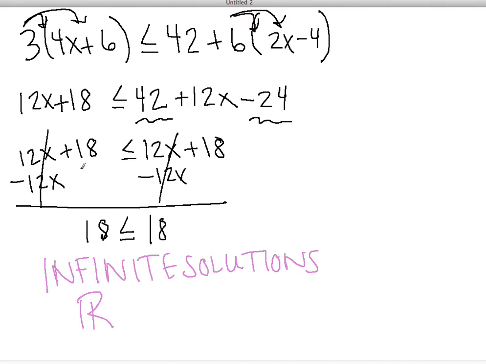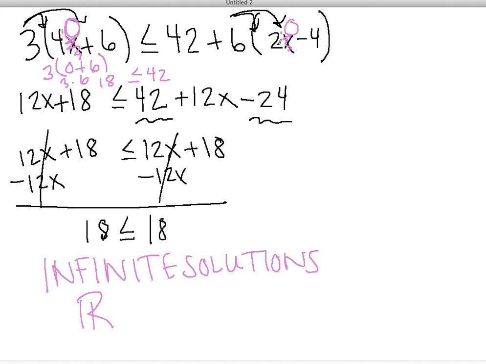So what I'm going to do is plug 0 in here. Instead of x, we have 0. And now instead of x here, we have 0. So this says 4 times 0, which is 0. Now plus 6 times 3. So 0 plus 6 is 6 times 3 gives us 18. And now over here we have less than or equal to 42.